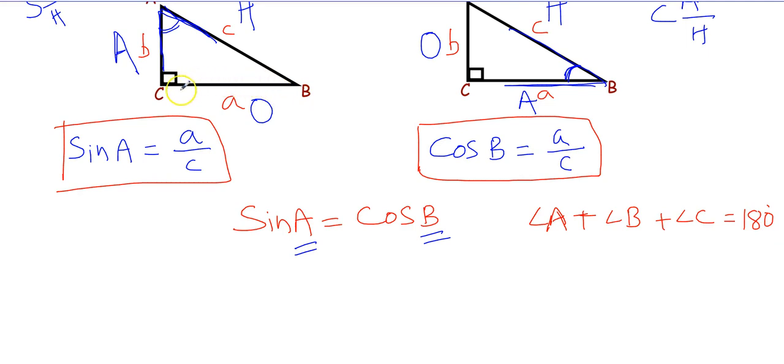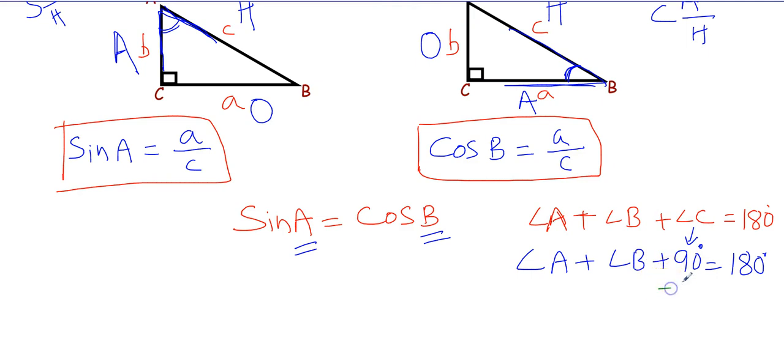Now in this you already know that the measure of angle C is equal to 90 degrees. So let me write down angle A plus angle B plus 90 degrees is equal to 180 degrees. I substituted 90 degrees for C because I know that it is a right angle. And on the right hand side we have 180, the sum of three angles in a triangle. Now what next?